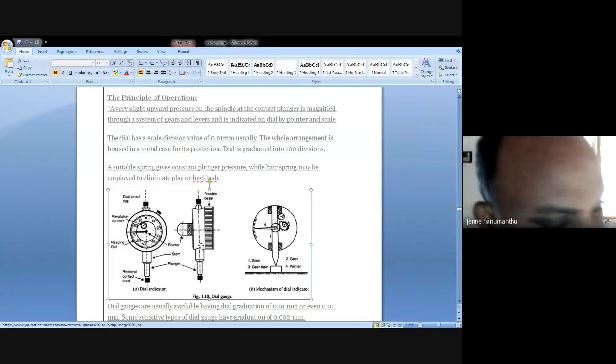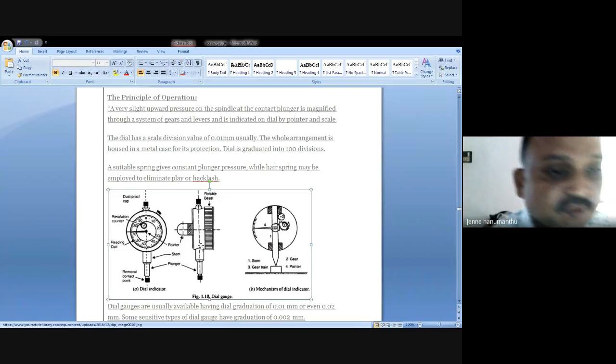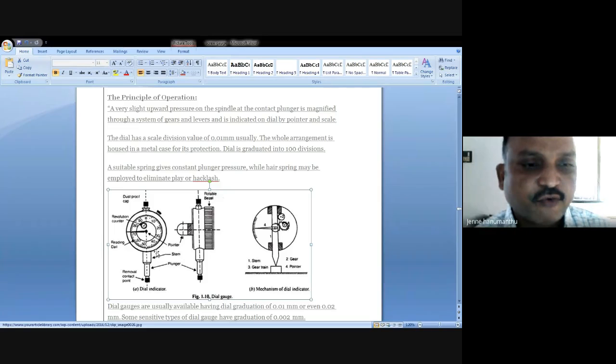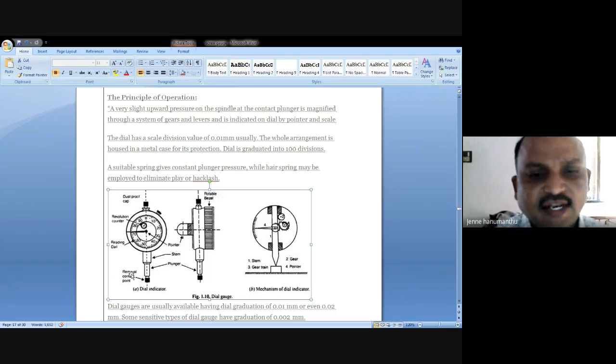When the pointer doesn't show any value, it means the complete surface is smooth. If the pointer shows a value other than zero, we understand the surface is not smooth. There may be some holes or irregularities or rough surfaces. It will show like this.